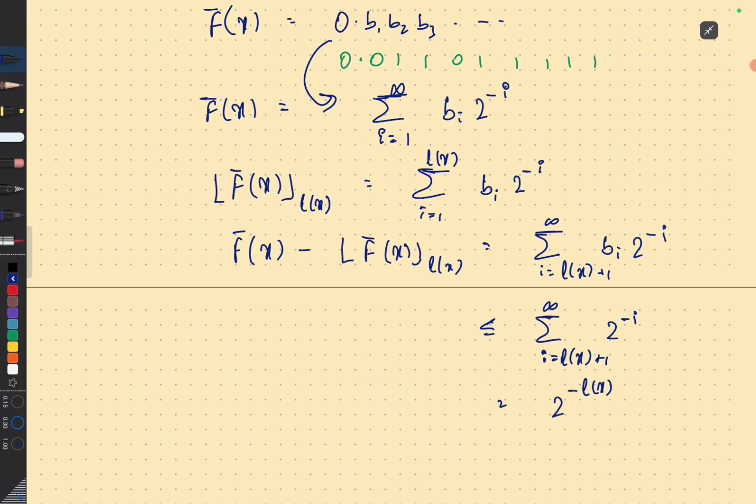If these were the code word lengths for the distribution, then the expected length would be the sum of P of x times L of x.